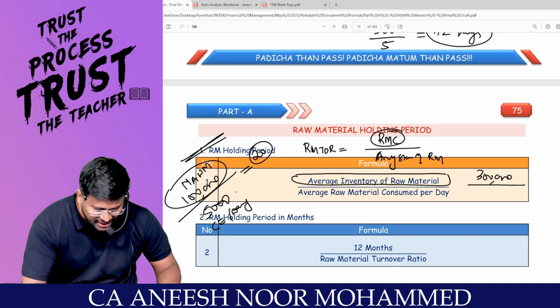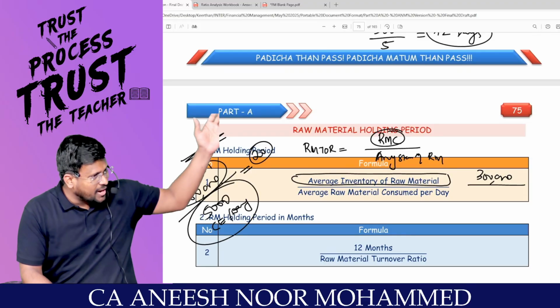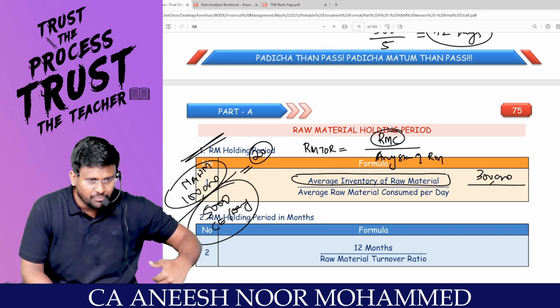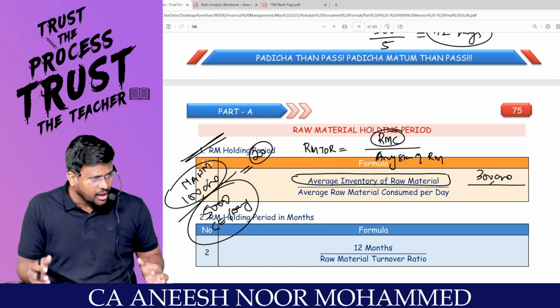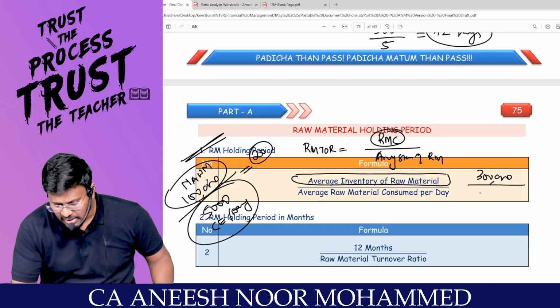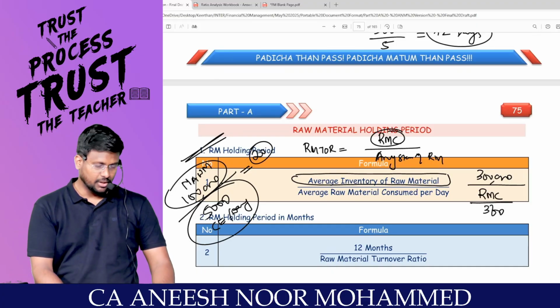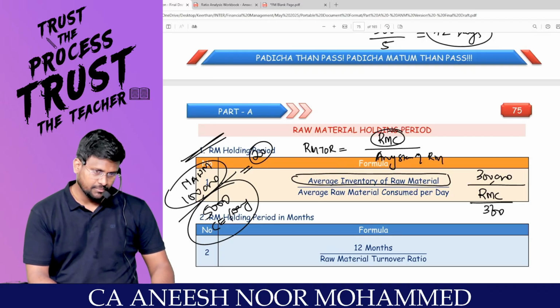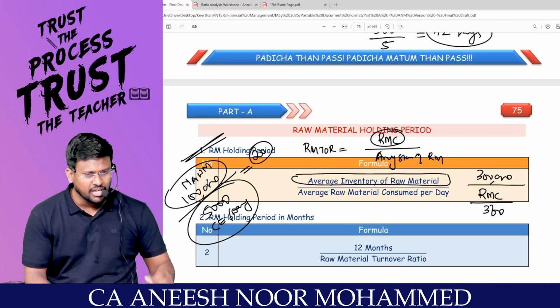For example, if I take the cash expenses for 1 year, it means 360 into 5,000 will come. I don't want the total expense for a year. I want the per-day figure. That means raw material consumed divided by 360. Then I will get the raw material consumed per day.